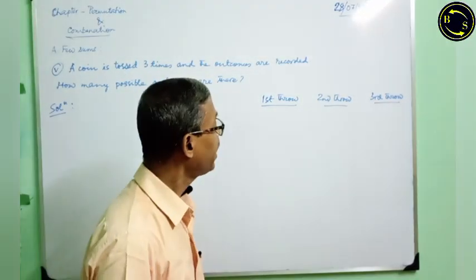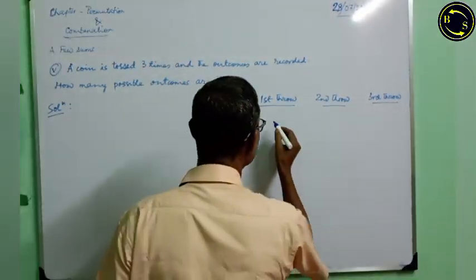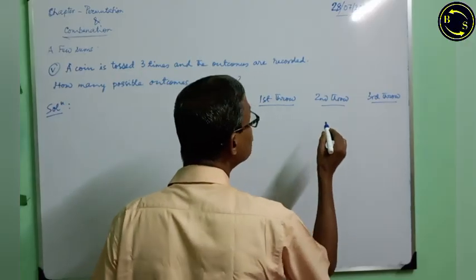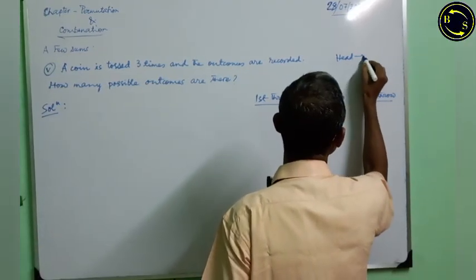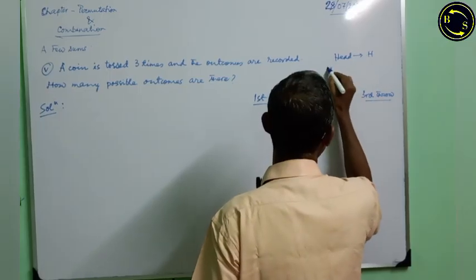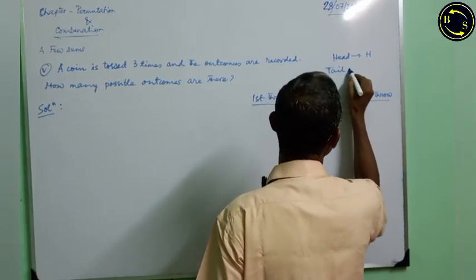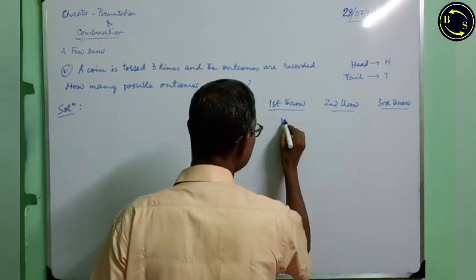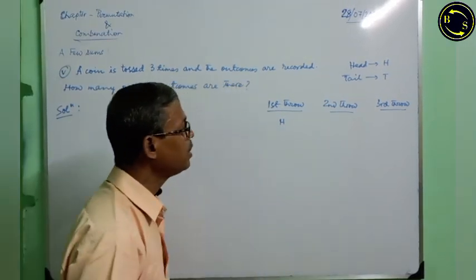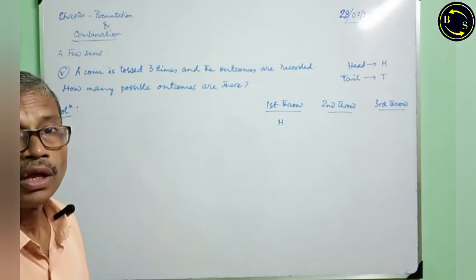Say we get head in the first row. Head is denoted by the symbol H, tail is denoted by the symbol T. Say we get head in the first row.